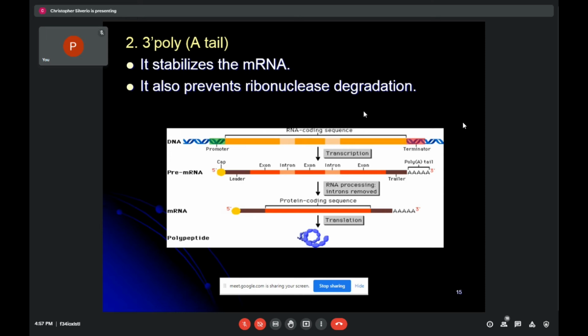They protect the messenger RNA from further degradation by these nucleases. These are enzymes that could cut the RNA.